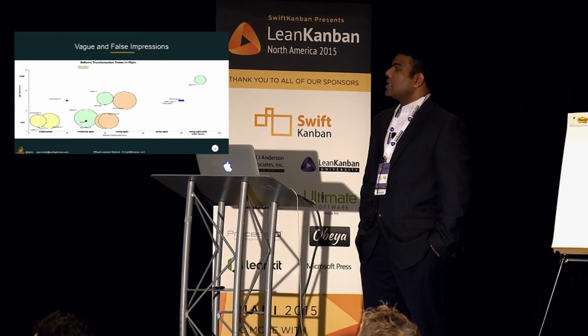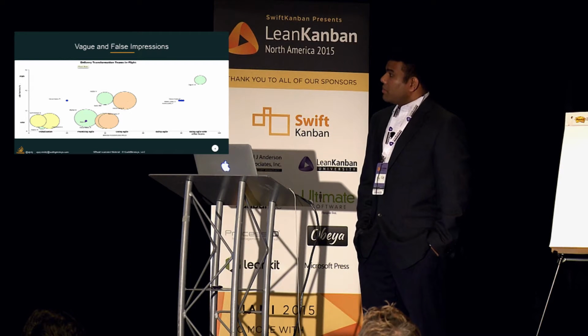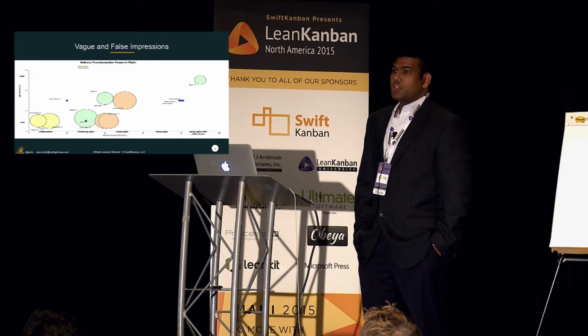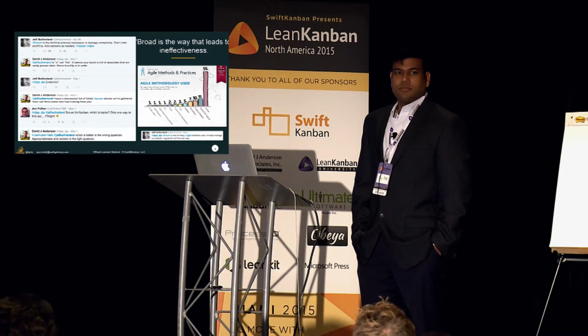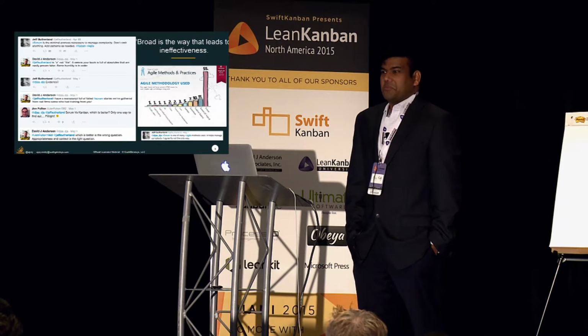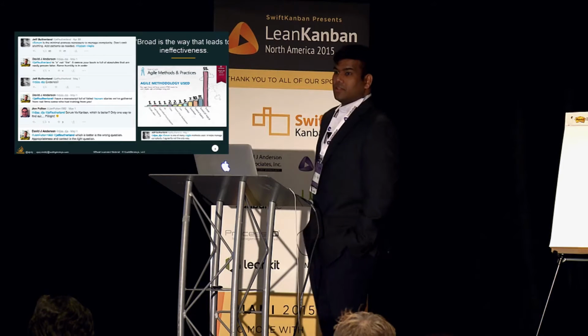What's stunning to me is that year over year, Scrumban is polling higher than Kanban. Now, whether they're doing true Kanban or not, we don't know. But Scrumban has brand value, if nothing else.